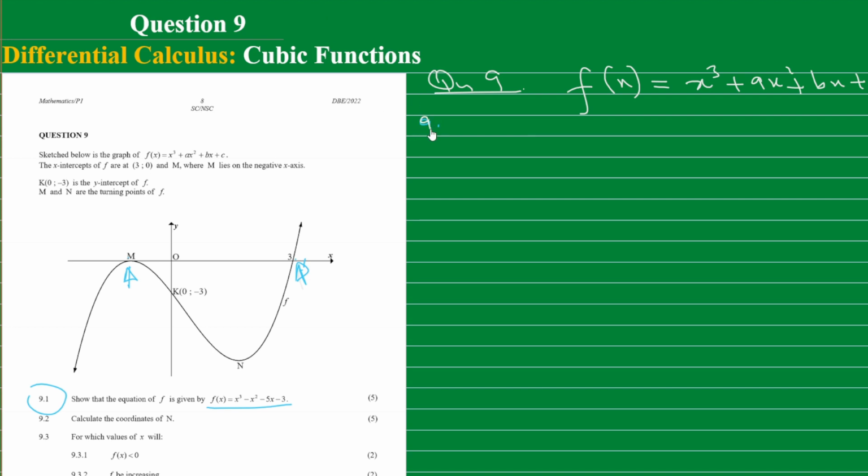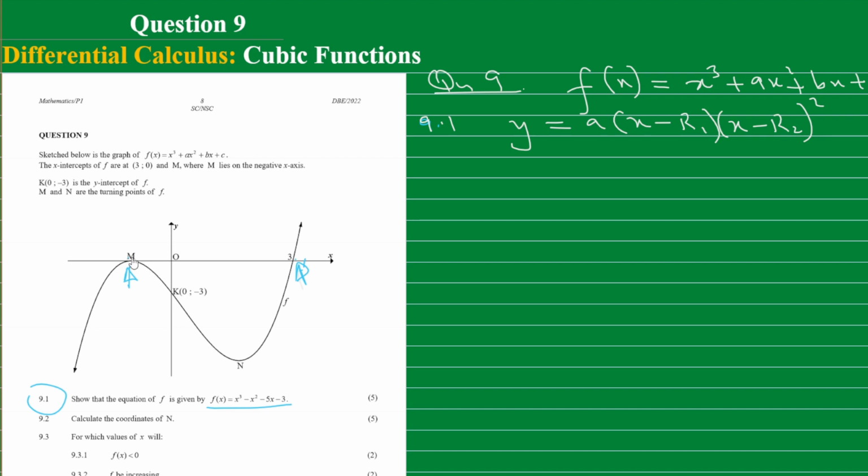Let's take that number down. So we have to use the standard formula: y is equal to a times x minus r1, and then x minus r2 squared. Now we have a squared term here because m is a turning point.